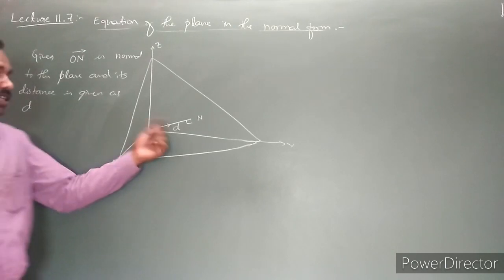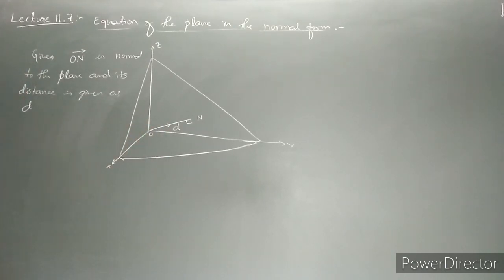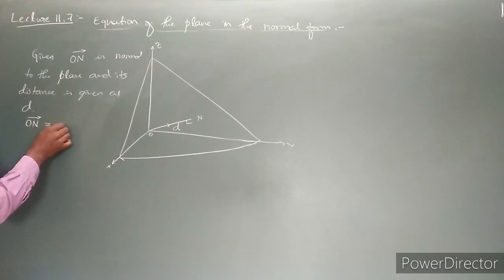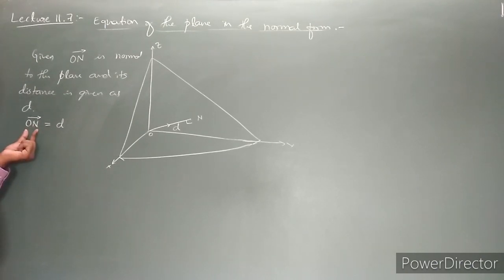Now I need to find the equation. ON is given, so next I write the ON vector. The ON vector is equal to d. Is it okay? On the left-hand side I am writing the vector.